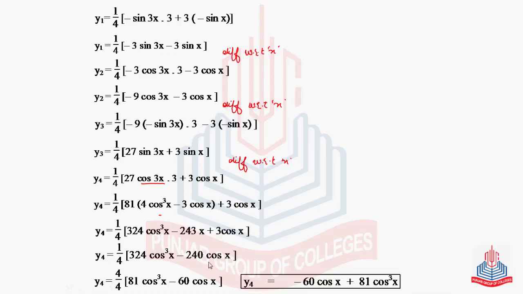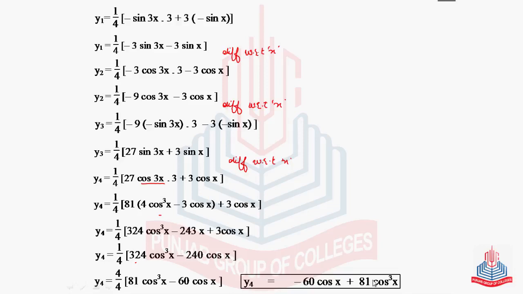By taking common 4 from this expression, we have 81 cos cube x minus 60 cos x. Dividing by 4, the required fourth derivative y4 is minus 60 cos x plus 81 cos cube x.